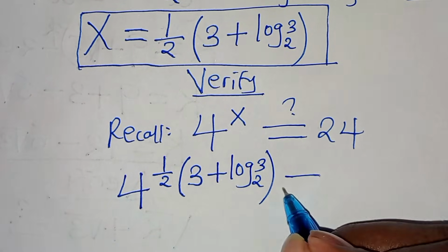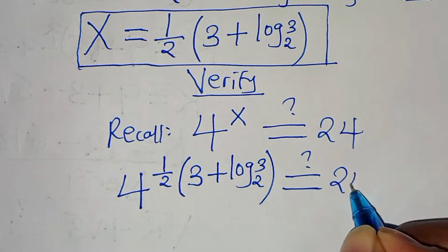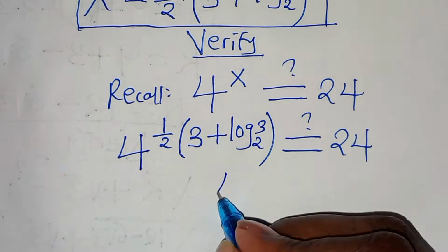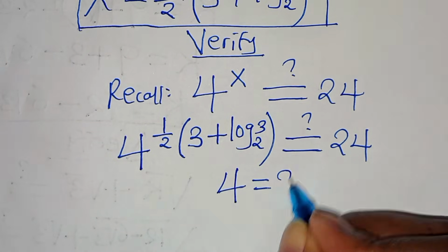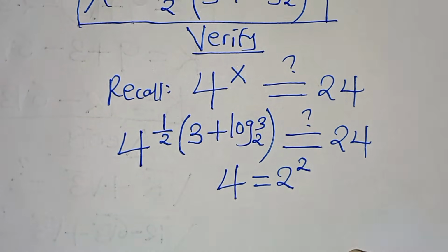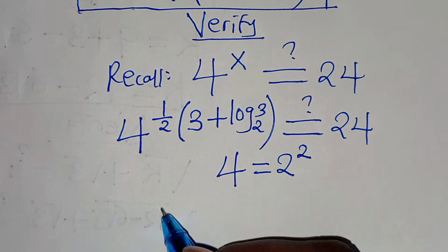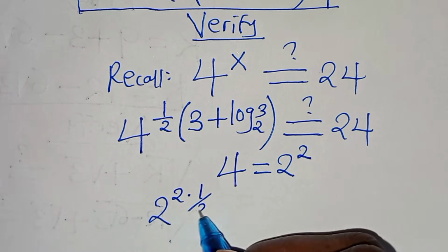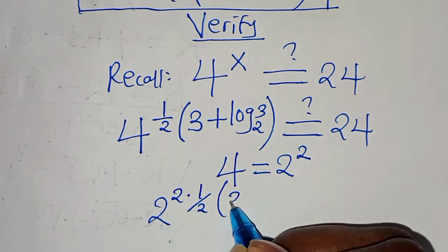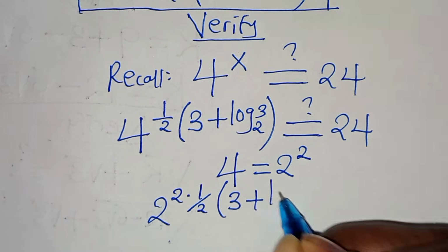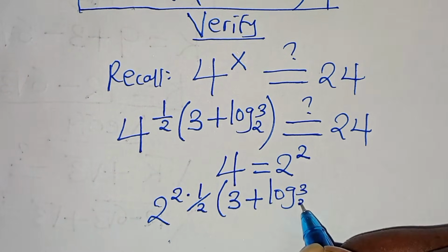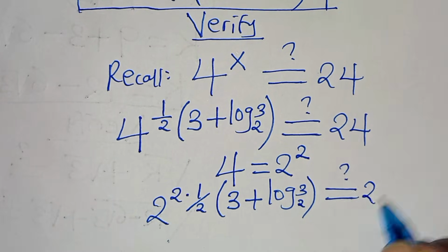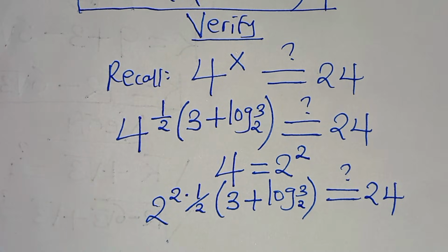This should give us a value of 24. The next step is that we can express 4 basically as 2 to the power of 2. Therefore, we have 2 to the power of 2 times a half into the parentheses 3 plus log 3 to base 2, which is supposed to give us a value of 24.